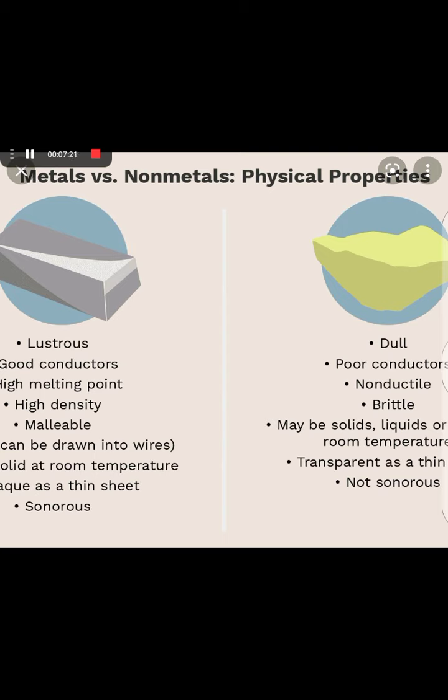Metals have high density. Non-metals are brittle. Metals are malleable solids at room temperature and can be made into thin sheets. Non-metals may be solid, liquid or gas at room temperature.